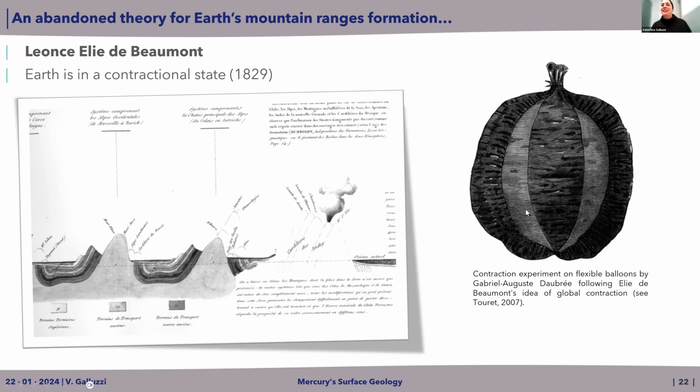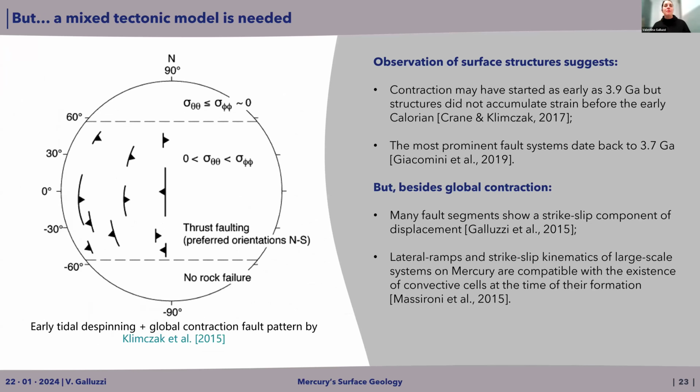They did a contraction experiment on flexible balloons, seeing that these inflatable balloons wrinkled after deflating. So they thought that the mountains on the Earth were due to the global contraction. Actually, it is important to say that global contraction doesn't create the stresses that plate tectonics creates on Earth. So global contraction alone cannot create the mountain ranges that we have on the Earth. Still, it creates pretty long escarpments.